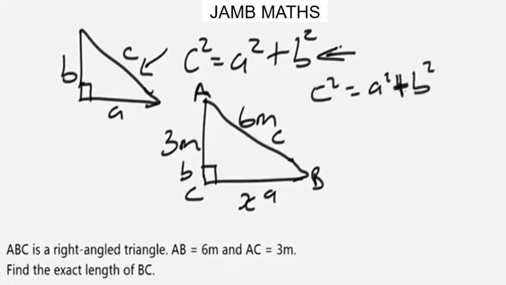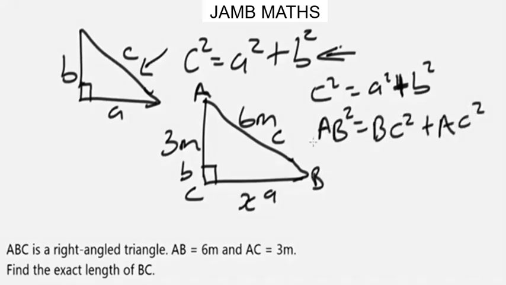We can choose to use these letters as replacement: BC square equals A square plus B square. Now we are looking for the length of BC. So we can say our AB square equals our BC square plus AC square.